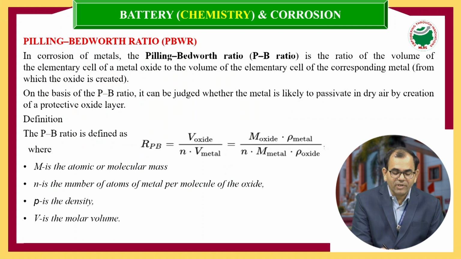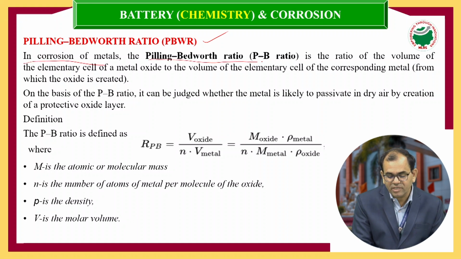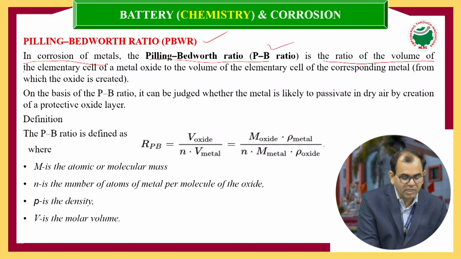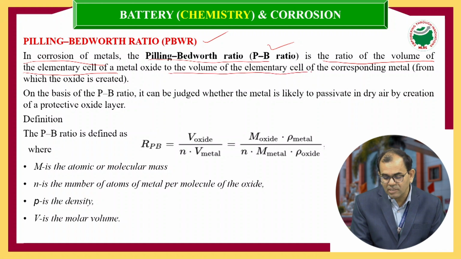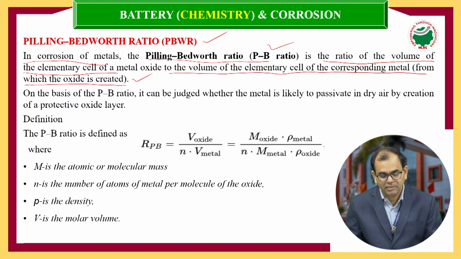Now, Pilling Bedworth ratio, PBWR. In corrosion of metals, the Pilling Bedworth ratio, which is nothing but the PB ratio, is the ratio of the volume of the elementary cell of a metal oxide to the volume of the elementary cell of the corresponding metal from which the oxide is created. Now listen carefully. Simply, to understand this, assume there is a metal with X volume.